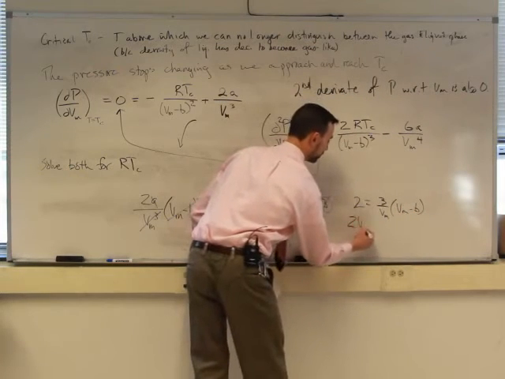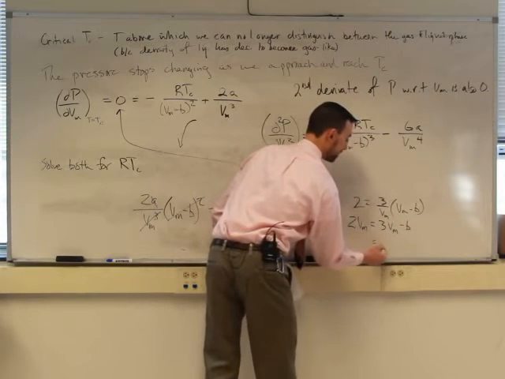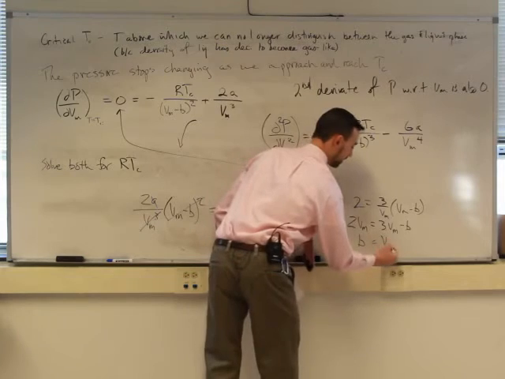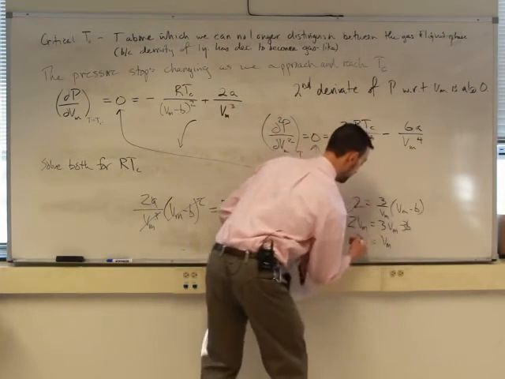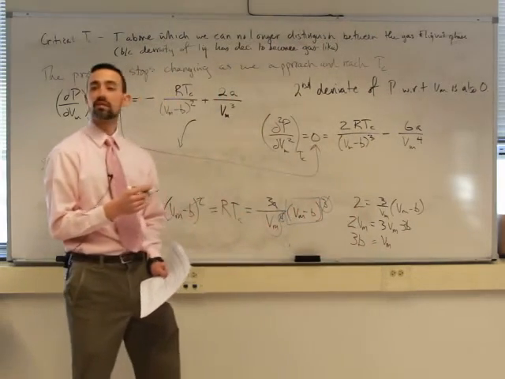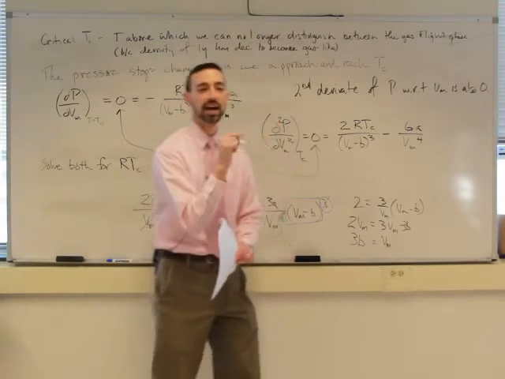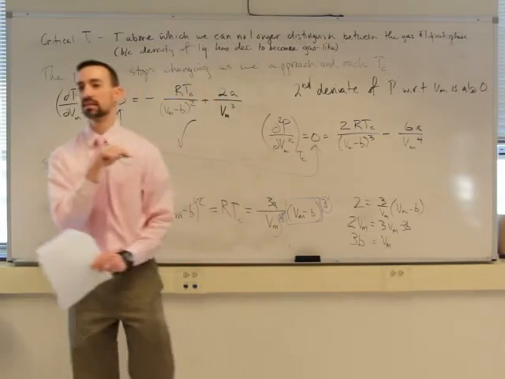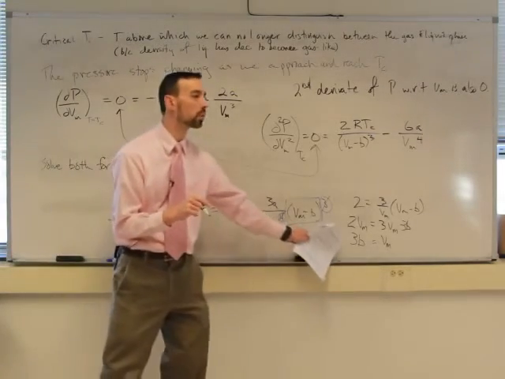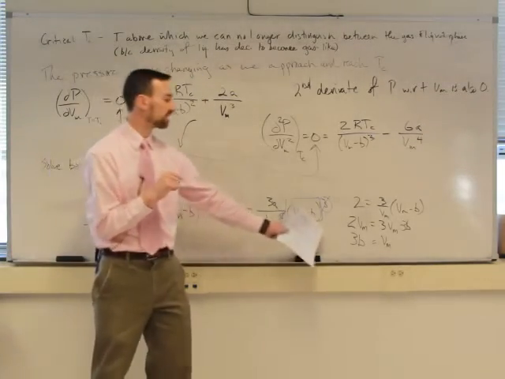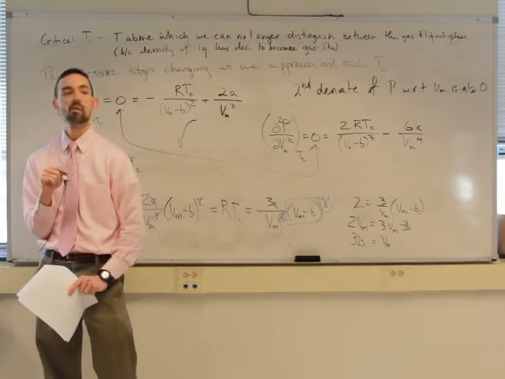So this becomes 2 Vm equals 3 Vm minus b, or b equals, that's 3b. 3b equals Vm. Wasn't one of my goals to try to find out how to relate these van der Waals constants to something I could measure? So if I could measure the molar volume of the gas, that would give me the B value right there.